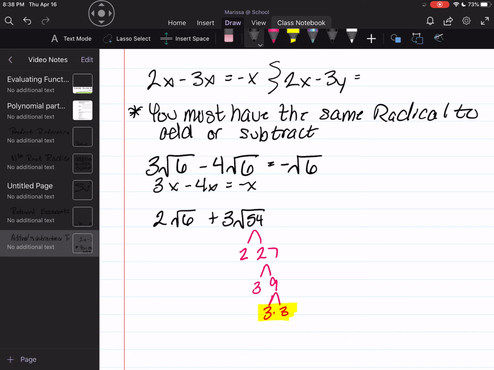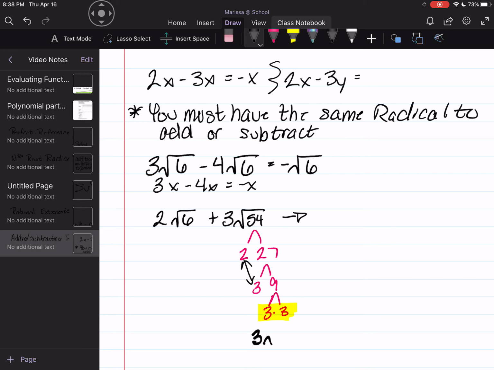I know that means that I'm going to have this radical 54 change to 3 on the outside and 2 times 3 on the inside, because these are standalone. They can't combine in any way.